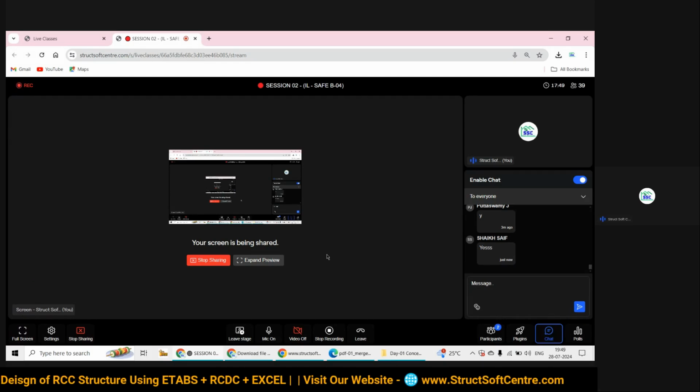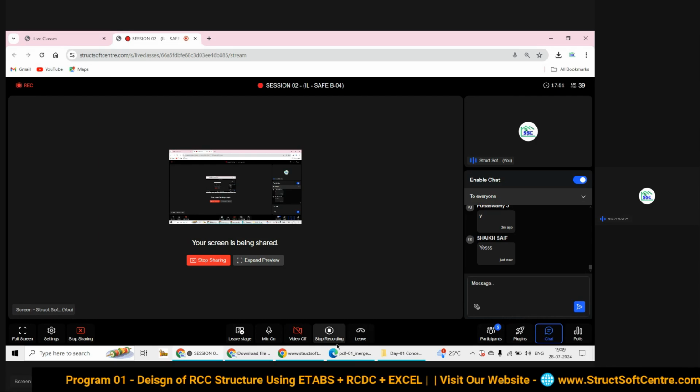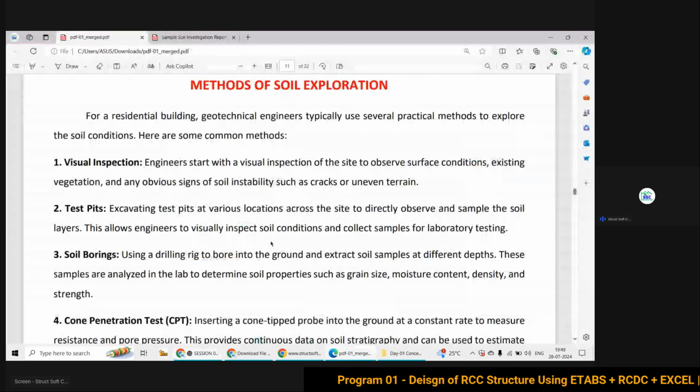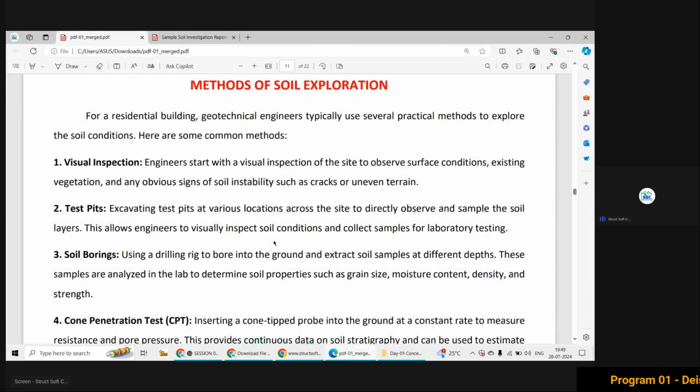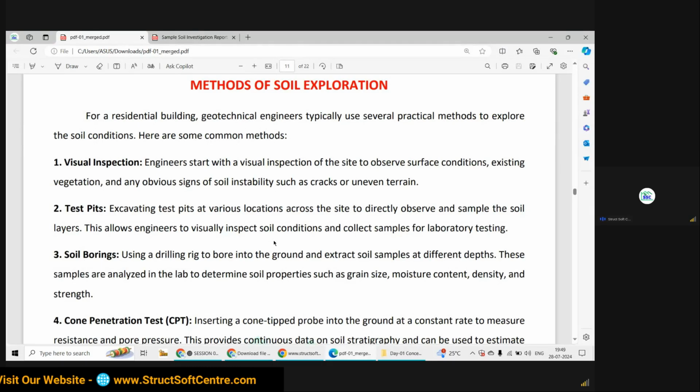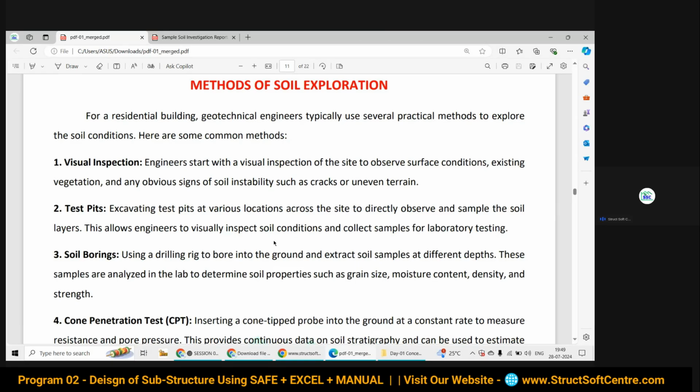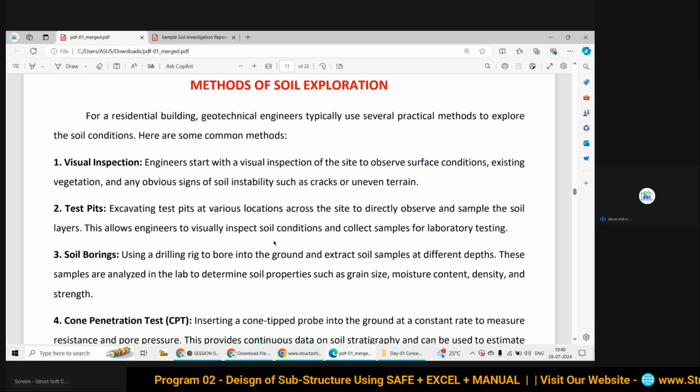When the project is not that important, then one or two boreholes, one or two test pits are going to be chosen. But when it is a big project, when you have to cover a very large area, in that situation you have to choose a larger number of boreholes and test pits, right? So all of this depends on the importance of the project.